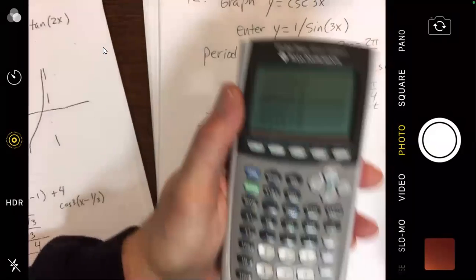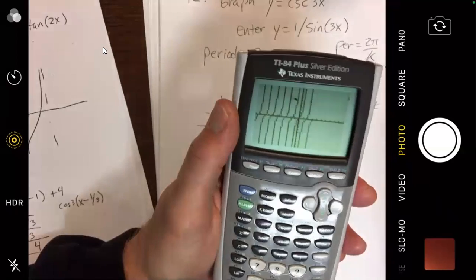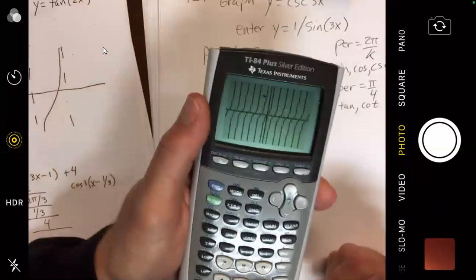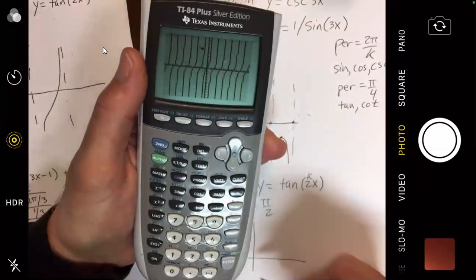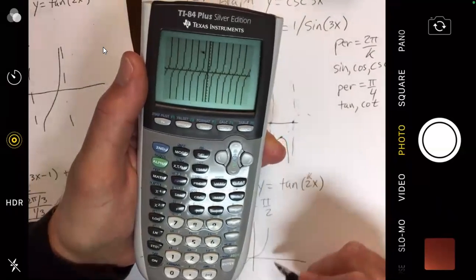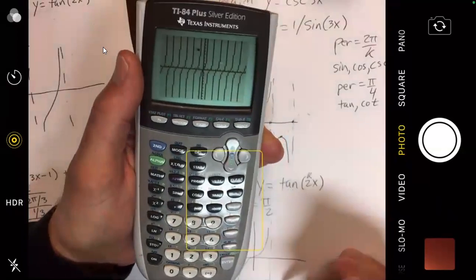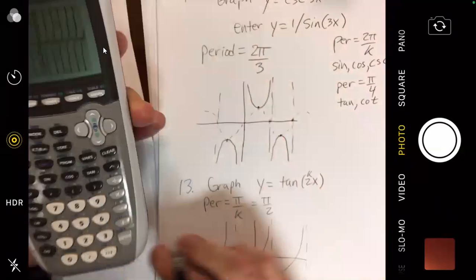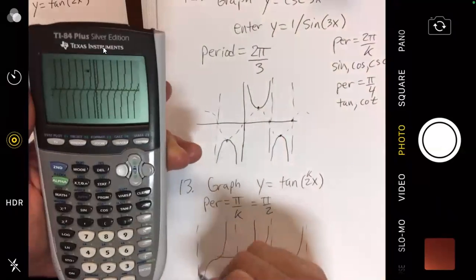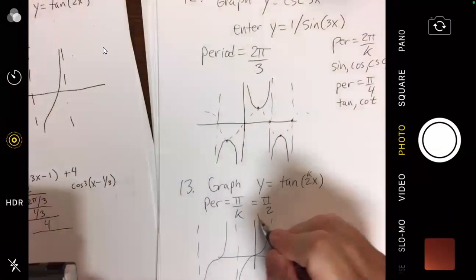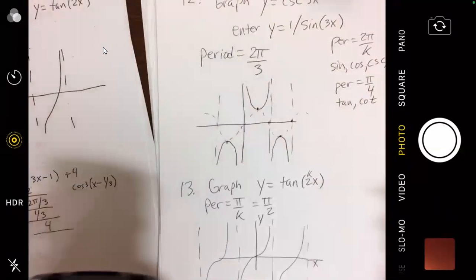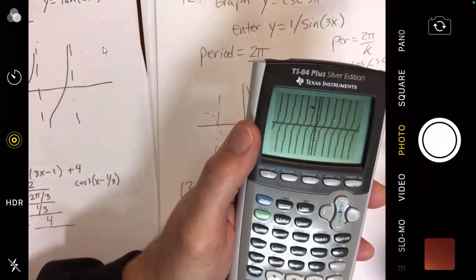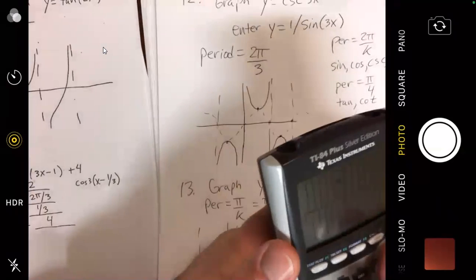You get the series of S curves. Just draw the first 2 or 3, through the origin, etc. The secret is that you want to be in radian mode.